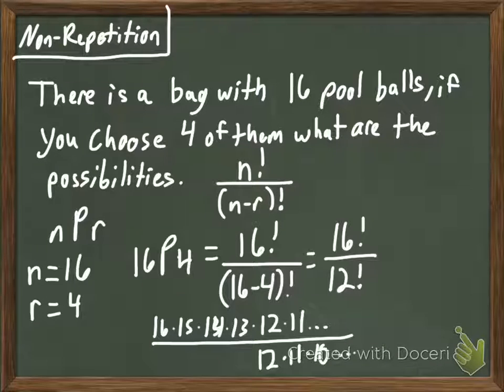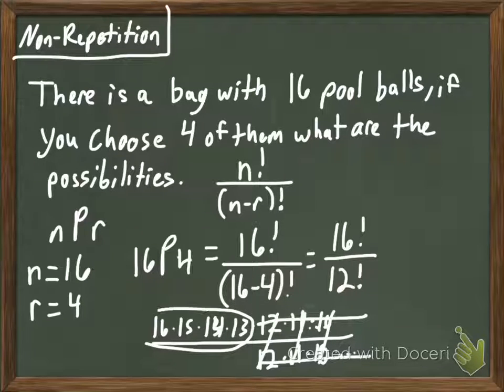Well, what you see here is that on this fraction, this 12 and that 12 are going to reduce. This 11 and that 11 are going to reduce. The 10 and the 10 would reduce. So basically what's happening is that we're getting rid of everything past that 12. So all we're left with working with is this 16 times 15 times 14 times 13. And that's the only thing that we have to worry about here.